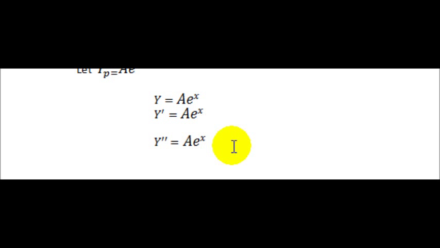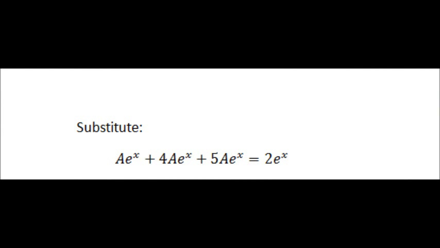I need to substitute this to the original equation. Upon substituting, this will now look like this: a e to the x plus 4a e to the x plus 5a e to the x equals 2 e to the x.